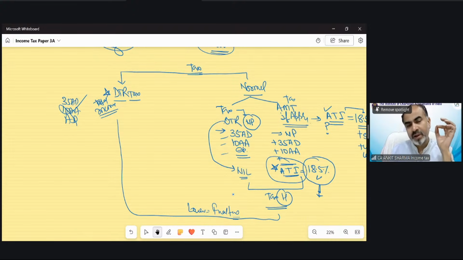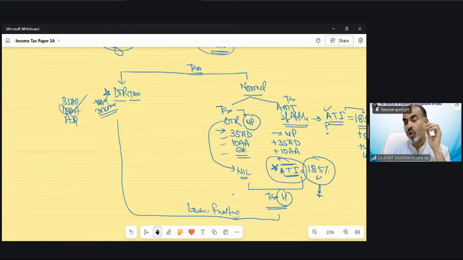One very important message to all of you. Why AMT has been introduced, the objective we have discussed, that is not relevant for your examination purpose. The examiner will not ask you why AMT is here. The reason is not going to be asked. That is for your knowledge, so that you understand what we are doing.